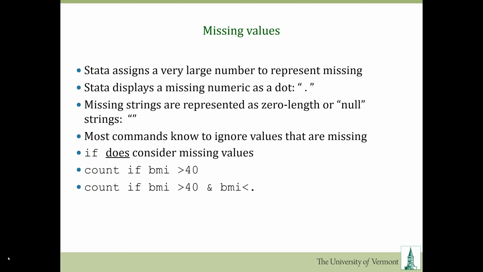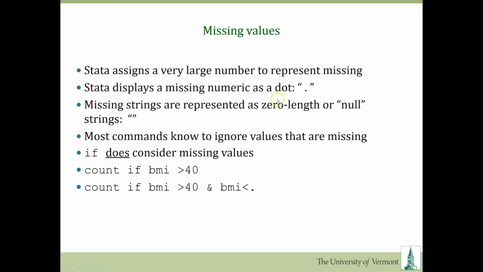We mentioned missing values earlier. Let's talk a little bit more about how Stata handles them. Stata handles missing number values by assigning a very large number to represent those missing numbers. This is a number that is so outrageously large, you'll never need to use it in your calculations. Stata displays a missing numeric value, therefore, as a dot rather than showing you the arbitrary large number it uses.